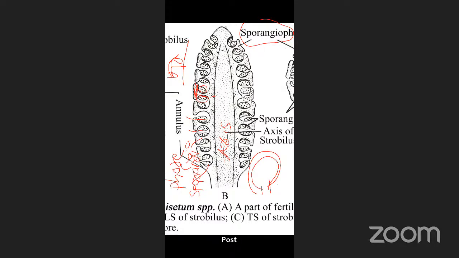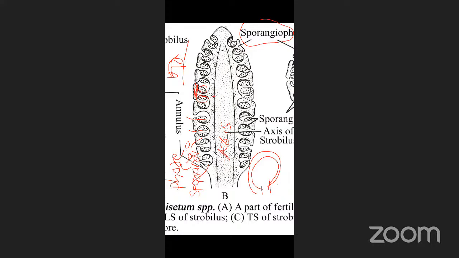How are they developed? From spore mother cells, by meiotic division of the spore mother cell. How does the spore mother cell develop?